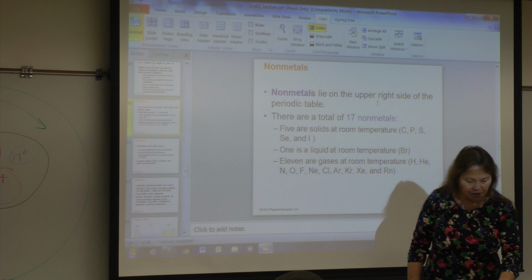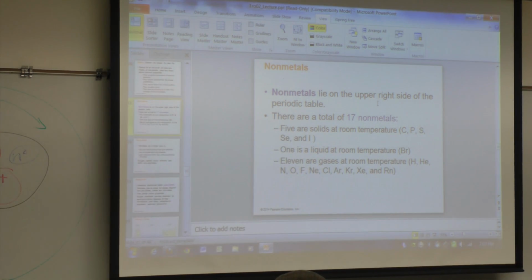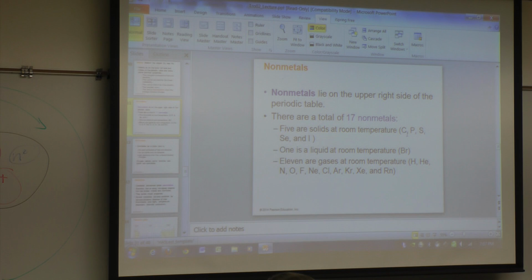So nonmetals are on the upper right side of the periodic table. Five are solids at room temperature: C for carbon, P for phosphorus, S for sulfur, Se for selenium, and I for iodine. Only one is a liquid at room temperature, that is bromine. The gases, 11 are gases at room temperature.